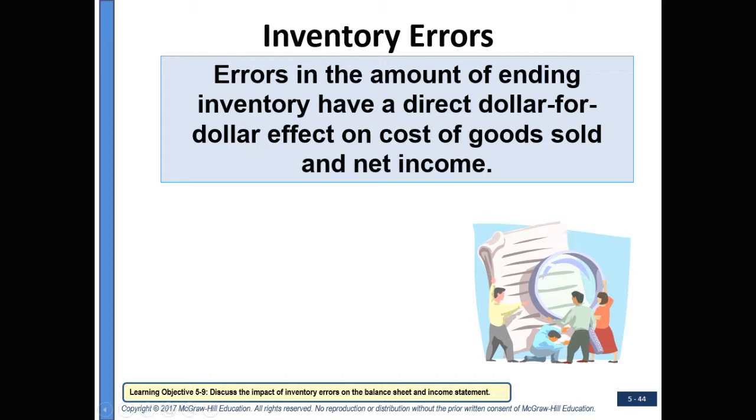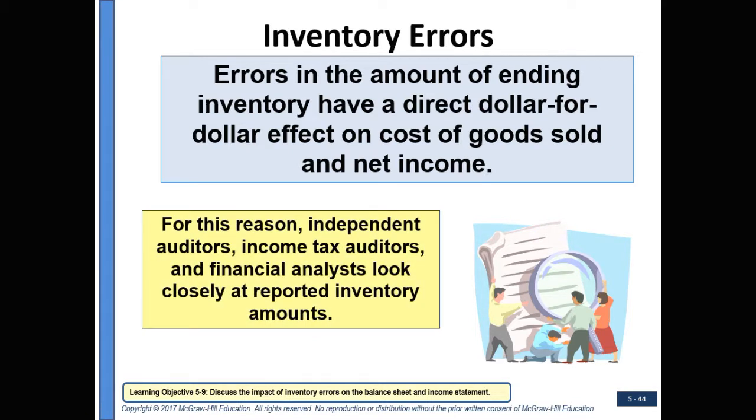Because of this, when the independent auditors, income tax auditors, and financial analysts are looking at reports or they're coming in to do an actual audit, they look very closely at inventory amounts because there is such a huge dollar-for-dollar impact when an error is in play. Inventory errors or inventory fraud are one of the ways in which some organizations have perpetuated large-scale scandal over consecutive years.